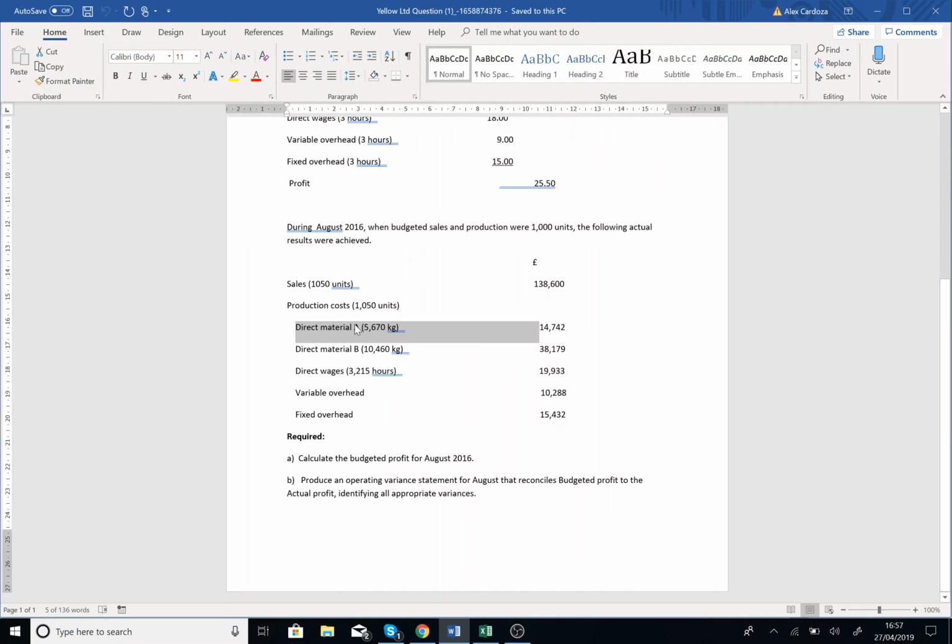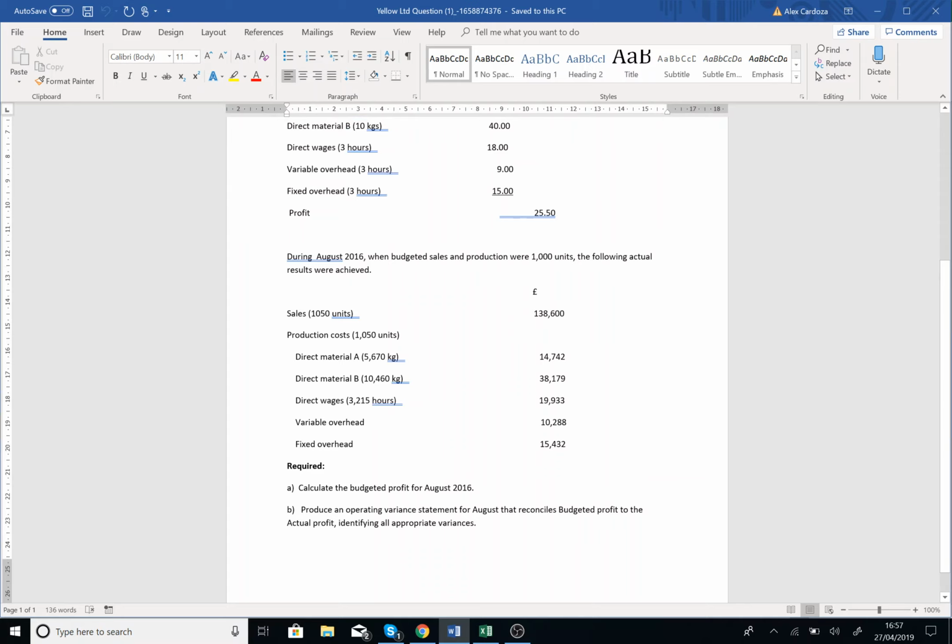So with the material variance, there are two variances you can do: a usage and a price. Same with direct material B. Wages is cost and efficiency. Variable overhead, cost and efficiency as well. Okay.